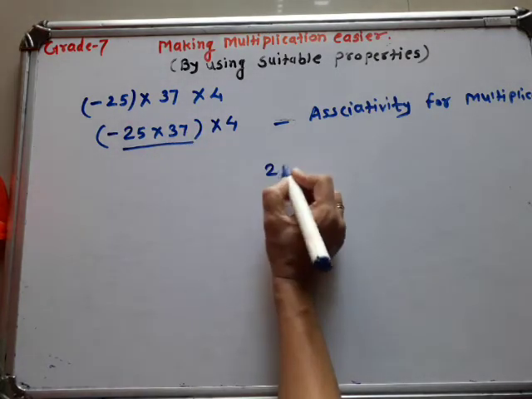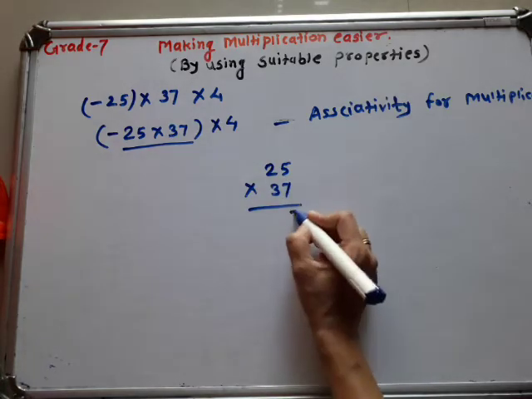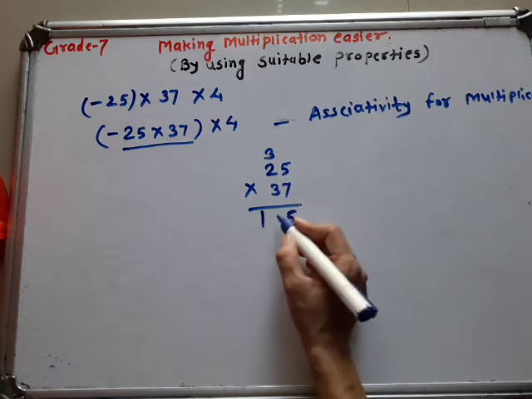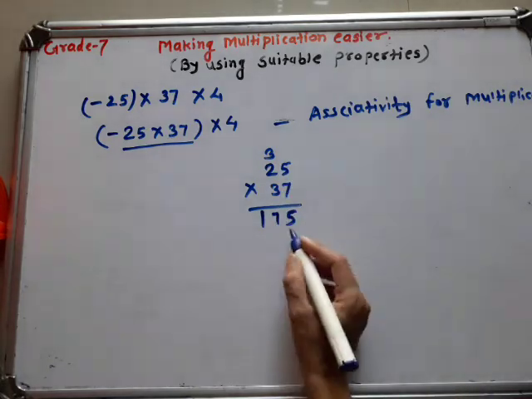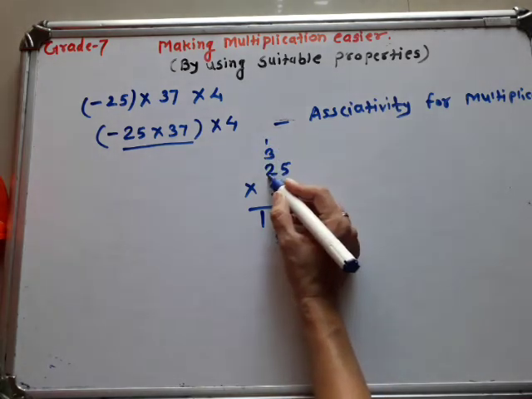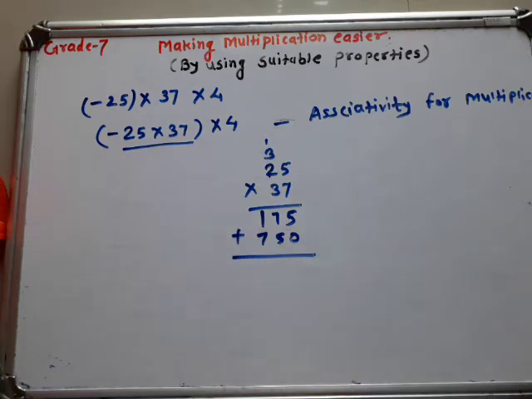So multiply these two numbers, 25 multiplied by 37. 7 5s are 35, 3 carry over. 7 2s are 14, 14 plus 3 is 17. Then next number, 3 5s are 15, 1 carry over. 3 2s are 6, 6 plus 1 is 7. Now we add these two numbers.